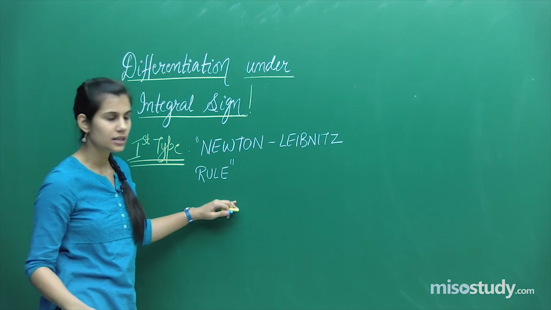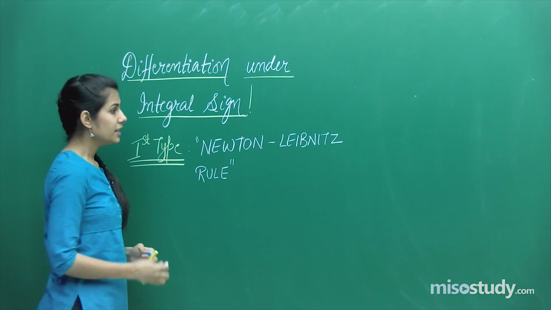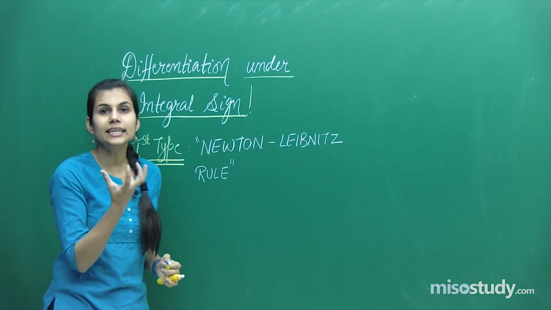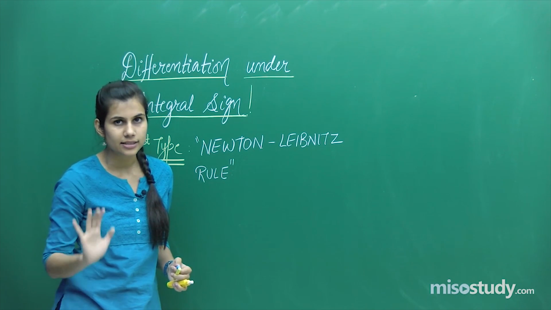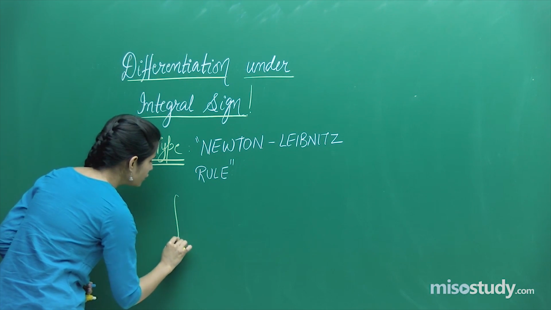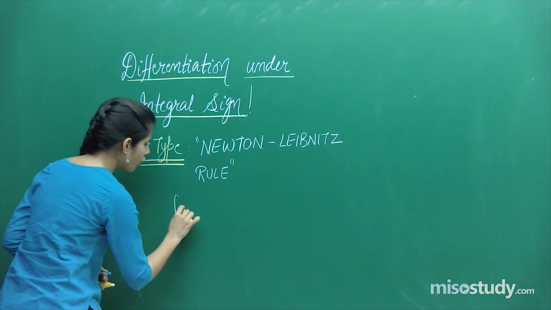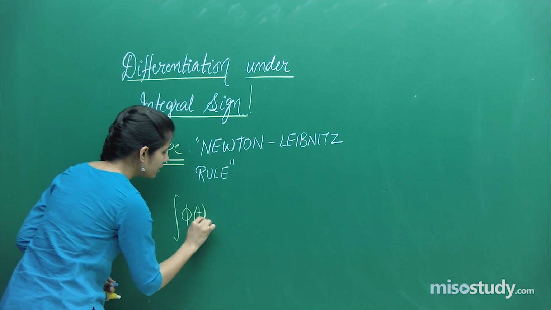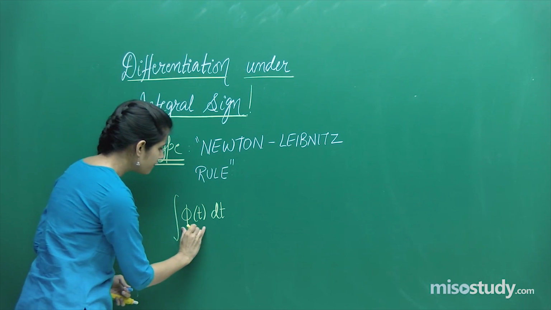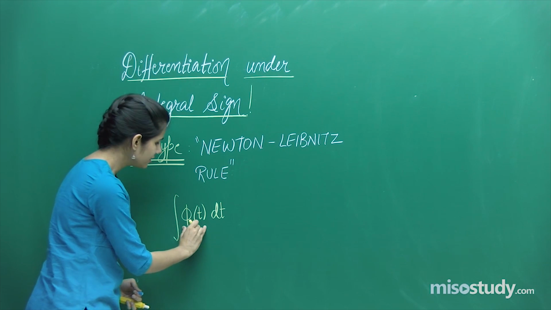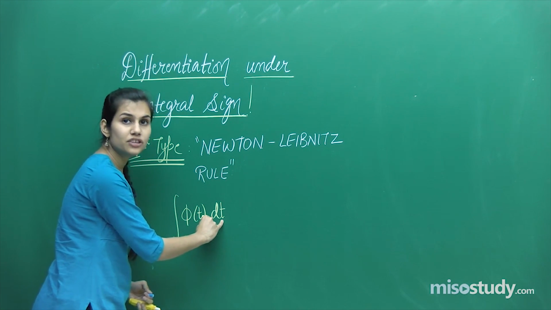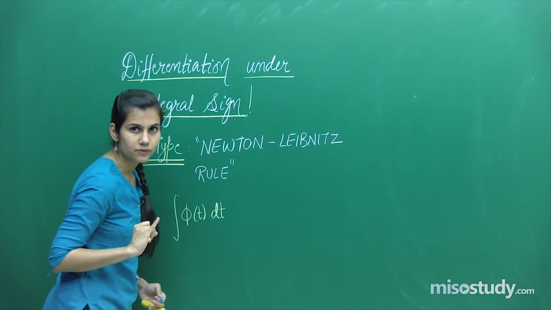differentiation under integral sign of functions. What do we have over here? By Newton-Leibniz rule, you learn to differentiate a certain type of function sitting in the integral sign. What are those certain type of functions? Suppose you have integral of phi t dt. Now carefully observe, there is a function sitting as the integrand with variable t, t is the independent variable, and the integration is happening with respect to that variable itself.